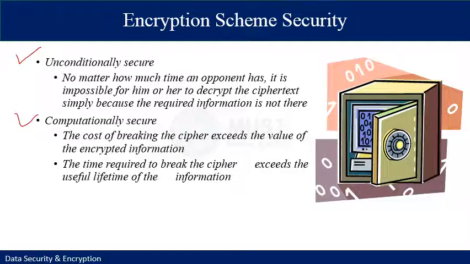Unconditional security means no matter how much time an opponent has, it is impossible for him to decrypt the ciphertext simply because the required information is not there. This means the ciphertext generated by the scheme does not contain enough information to determine the actual plaintext, no matter how much ciphertext is available.